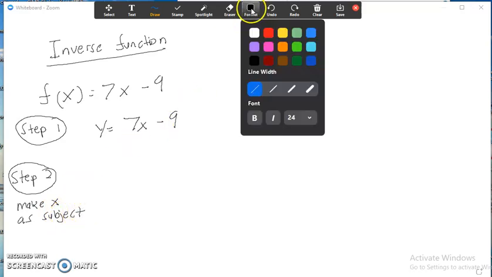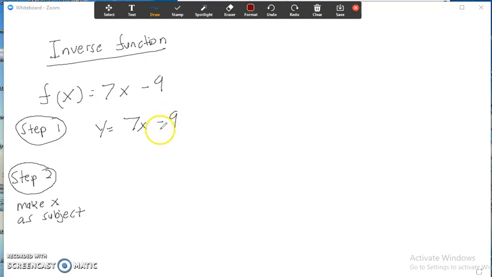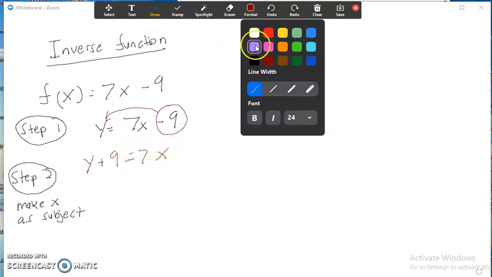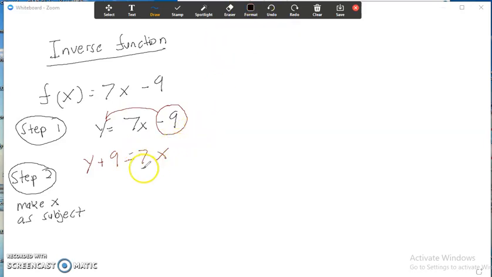So it means this negative 9, we move to the opposite side, it will become positive. And then we move this 7 to the opposite side, so it will become divide.